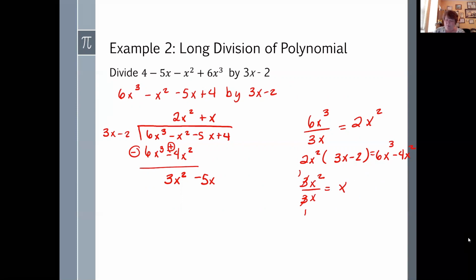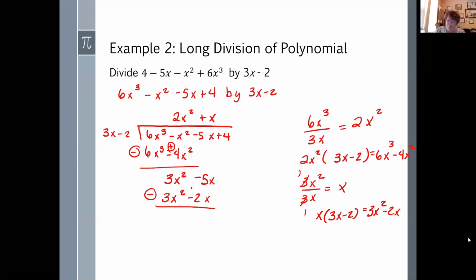Take that x, multiply it times the divisor. 3x squared minus 2x. Write that underneath the dividend. Change the sign. Minus 5 plus 2 is minus 3x. Bring down the 4. Repeat the process.